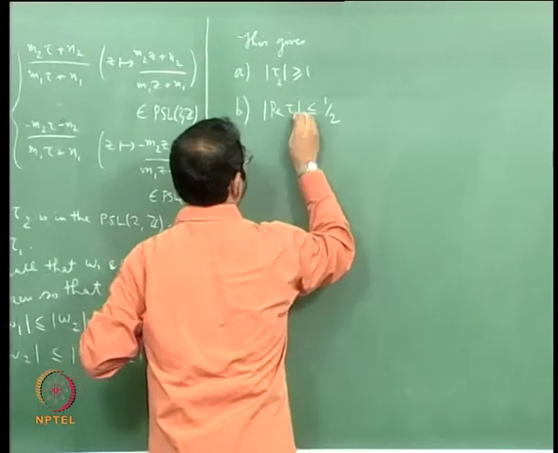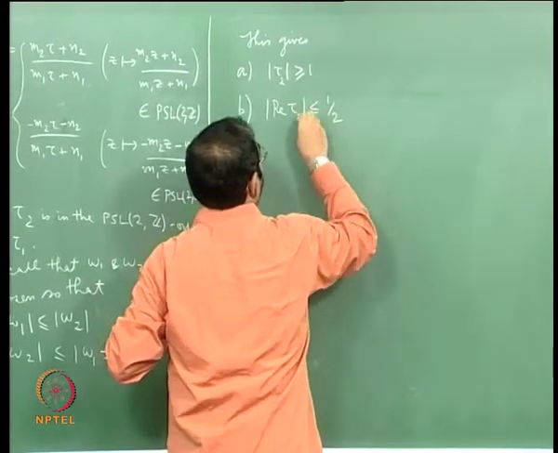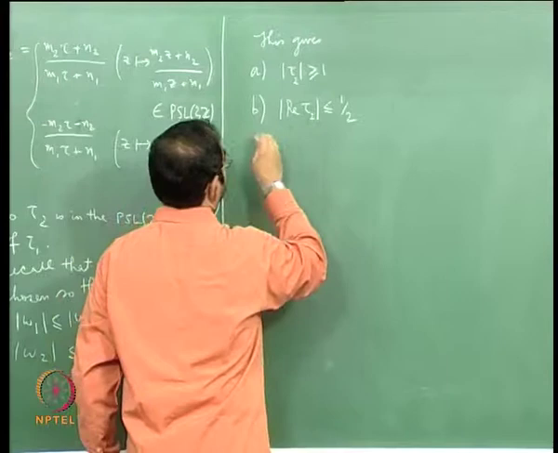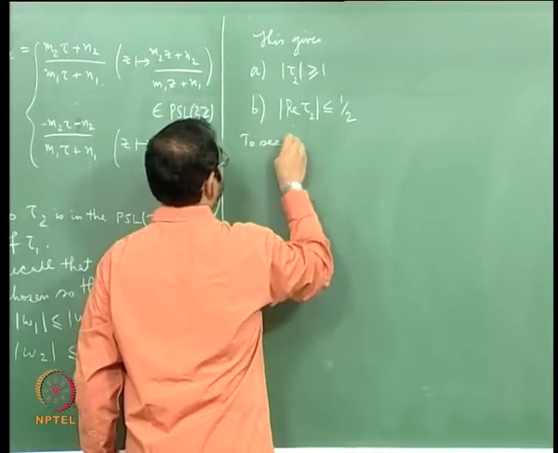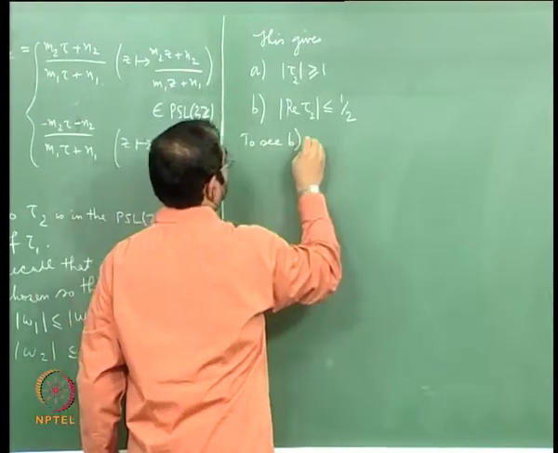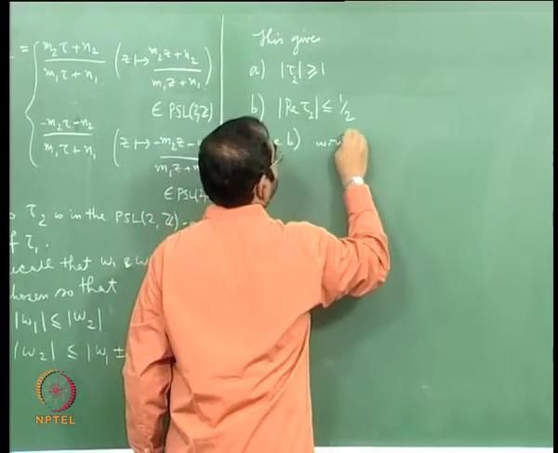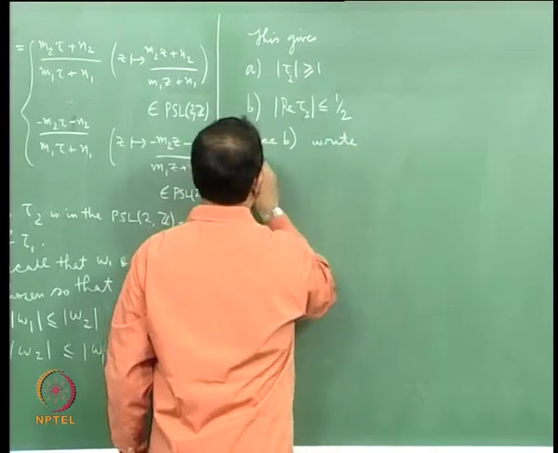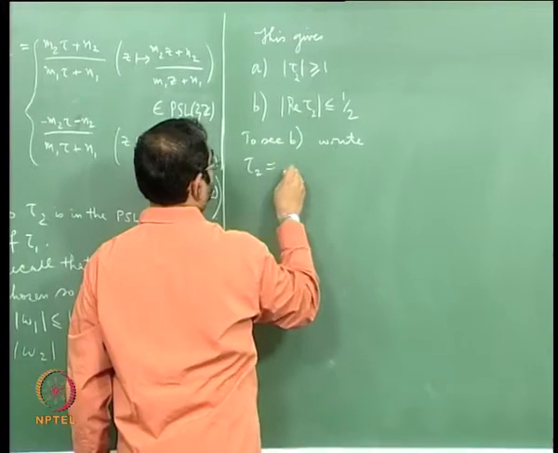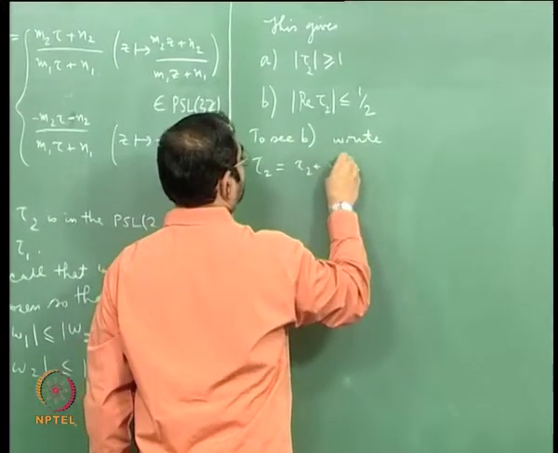So this is tau 2. How do you see this? To see B, write tau 2 as x2 plus i y2.